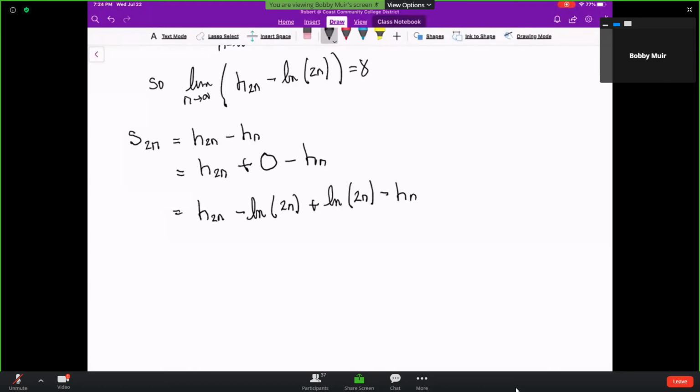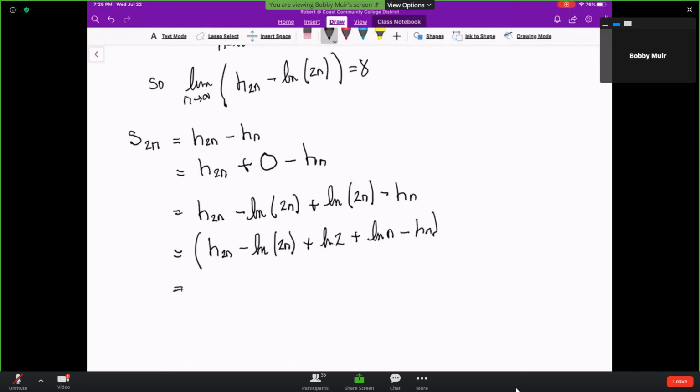Now this can be collected up as H sub 2n minus the natural log of 2n plus the natural log of 2 plus the natural log of n minus H sub n.